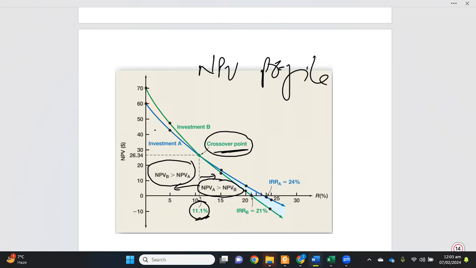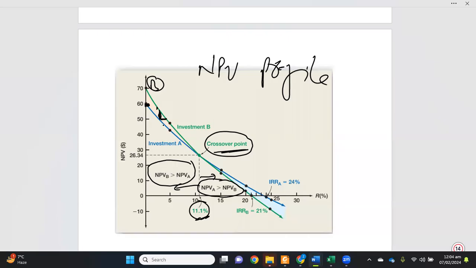If we look at the curves, we can see that the curve of project A has a lower steepness, or slope, than the slope of project B. Project B's slope is more steep than the slope of project A. This slope reflects what happens if there is an increase or decrease in the discount rate, say by 1%: how much increase or decrease will result in the value of the NPV.